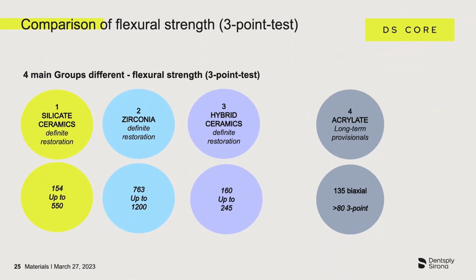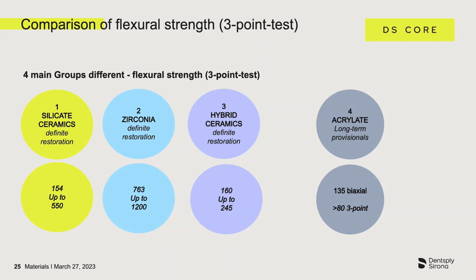Materials, slide 25. And now we divide the groups according to different properties. Here we have the flexural strength. What does that look like in the different groups? If we look at the different materials in the large group of silicate ceramics, which are all intended for definitive restorations, we notice that we have a very high range from 150 megapascals up to 550 megapascals.